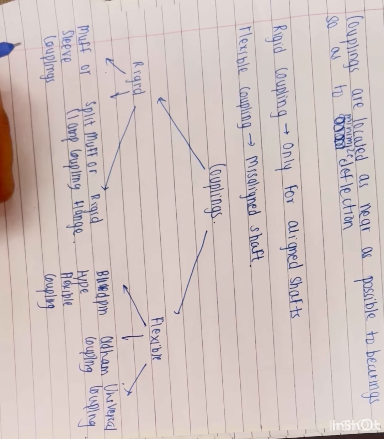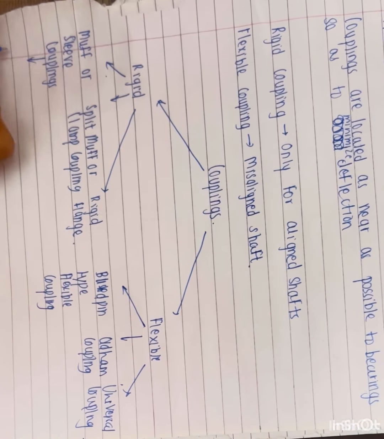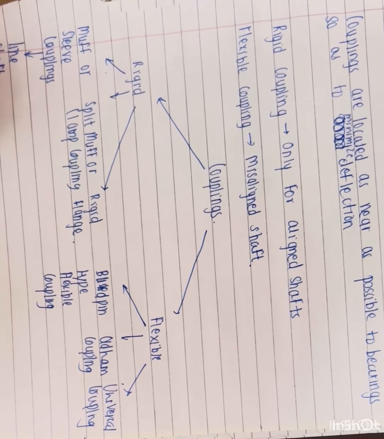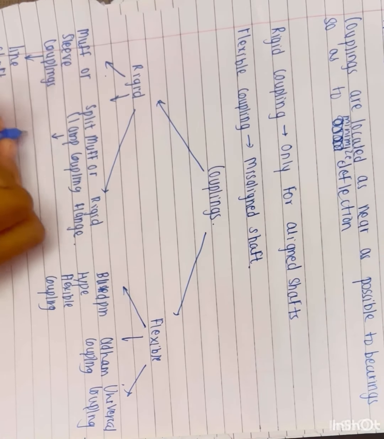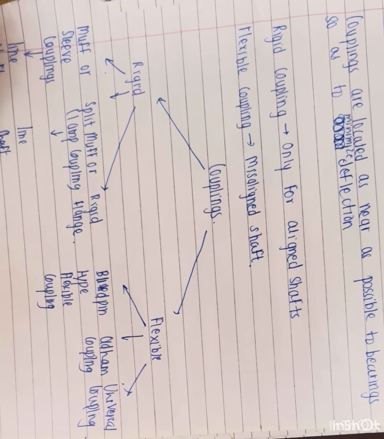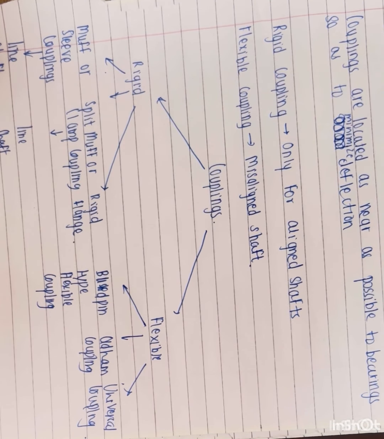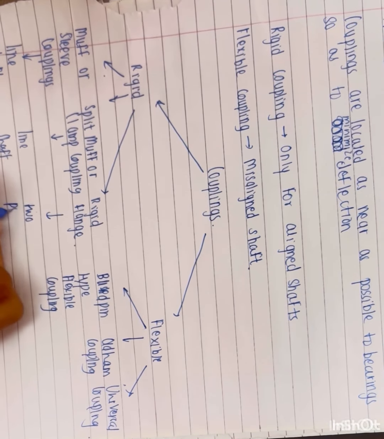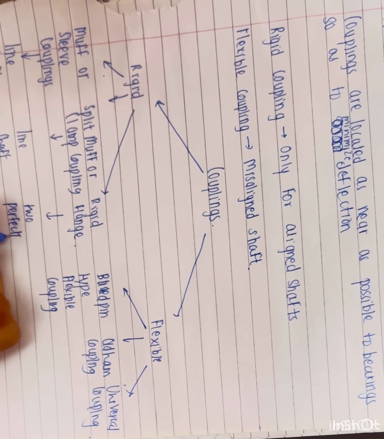So muff or sleeve coupling is used for line shaft. Even split muff and clamp coupling is used for line shaft. And rigid flange coupling is used for connecting two perfectly aligned shafts.